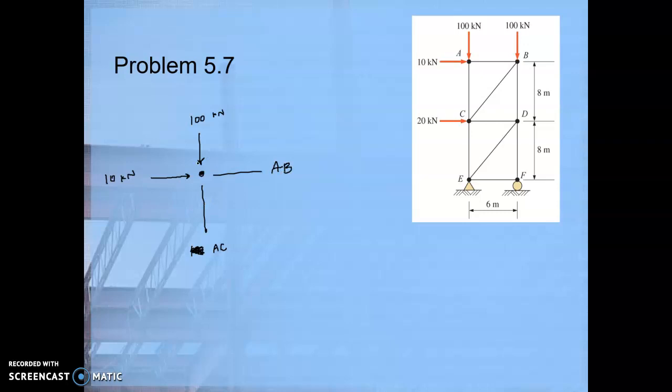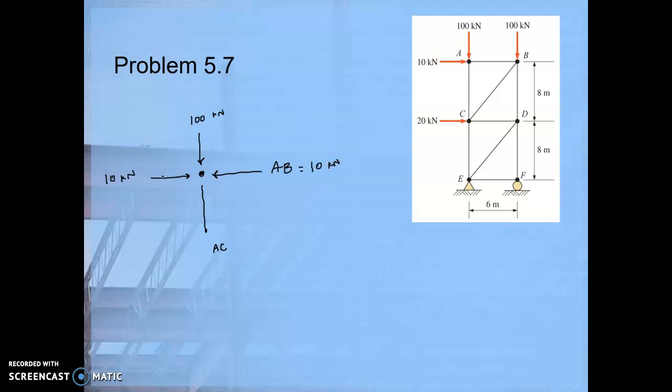Now there are no diagonal members framing in here. There are no diagonal externally applied forces. So all we have here are purely horizontal and purely vertical forces. So when this 10 kilonewton force gets applied to the joint, the only force capable of resisting it is AB. So it must be equal to 10 kilonewtons.